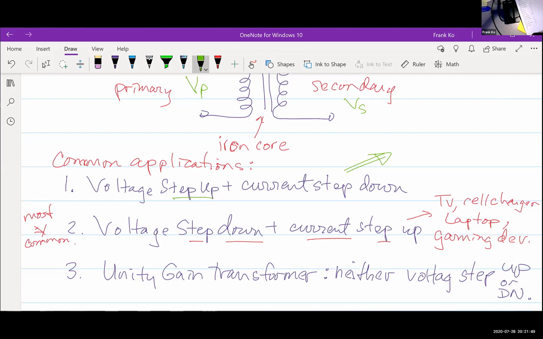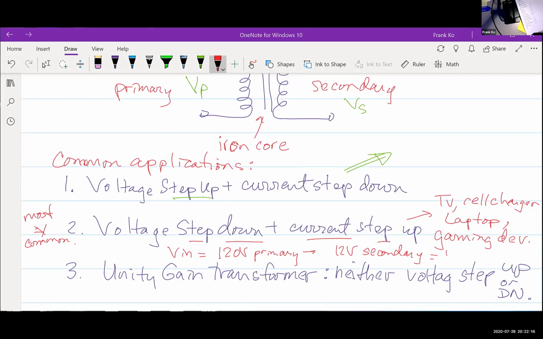So here, let me give you an example. I'll give you some numbers. Back to voltage step down. So here we may have 120 volts on the primary, and this might go to 12 volts on the secondary. So my V in is equal to 120 volts on the primary, and I might have 12 volts on the secondary.